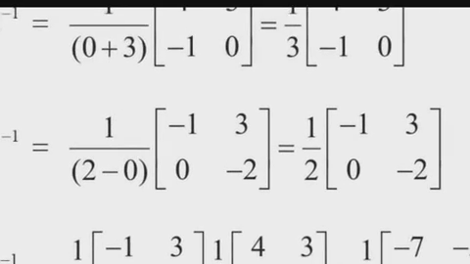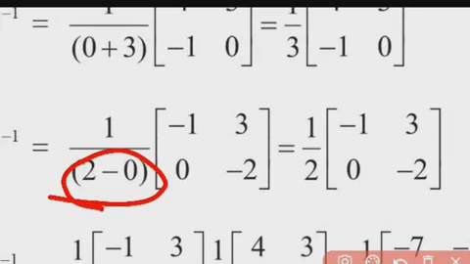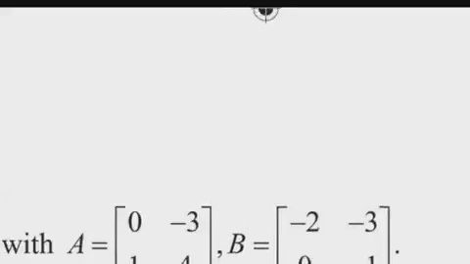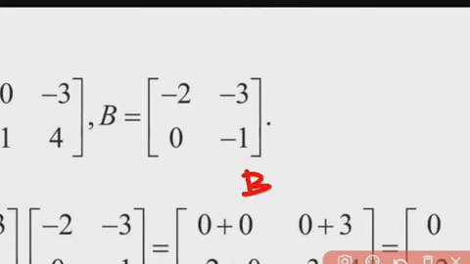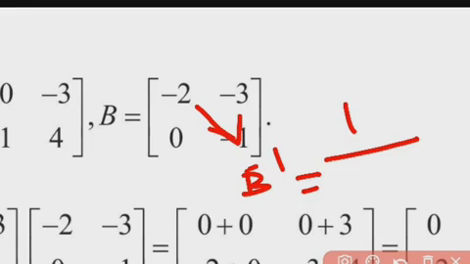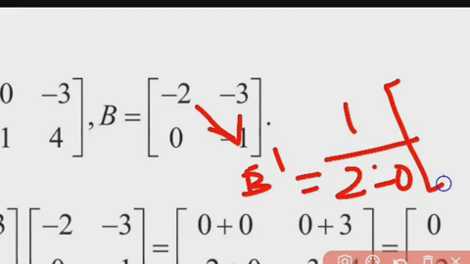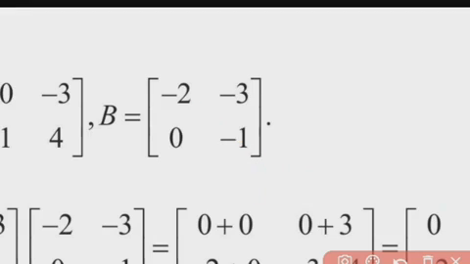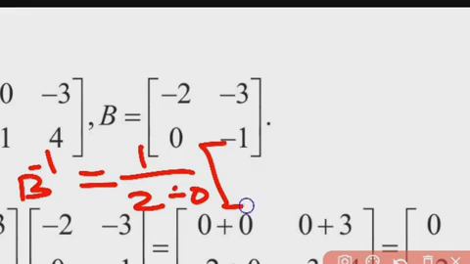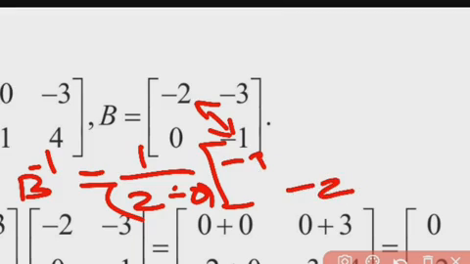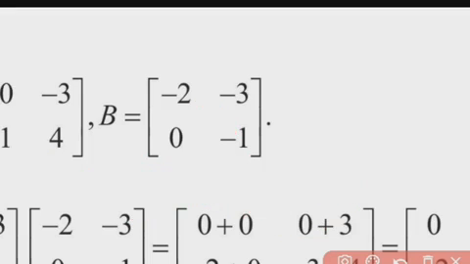B inverse equals 1 by determinant of B into adjoint of B. The B matrix: the determinant is minus into minus plus, 2 ones are 2, minus 0 into anything is 0. For the adjoint, we interchange the values: -1 becomes here, -2 goes there, and we change the sign of the others: -0 is 0, -3, minus of -3 is plus 3. So B inverse equals 1 by 2 times this matrix. This is the B inverse value.